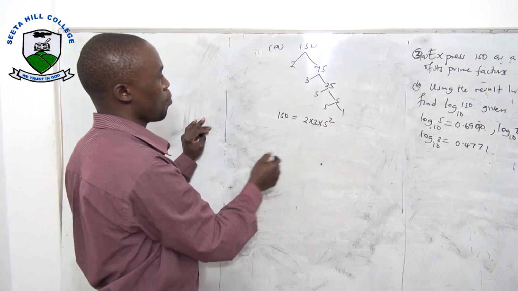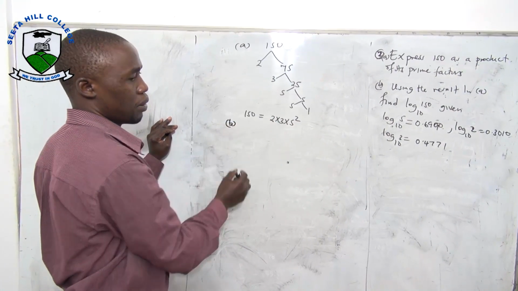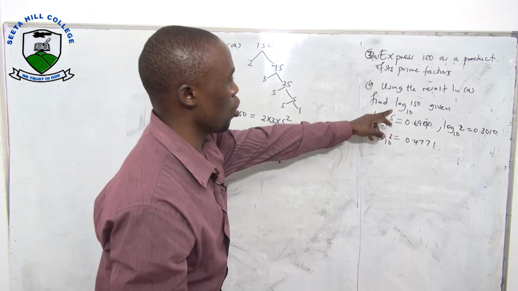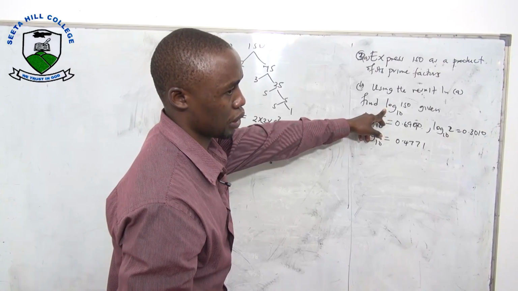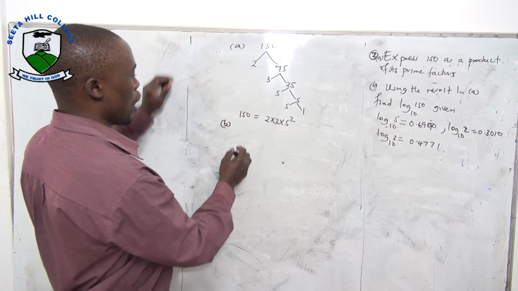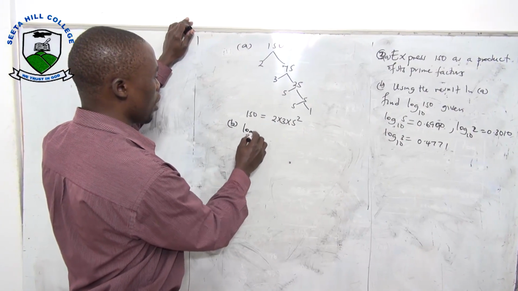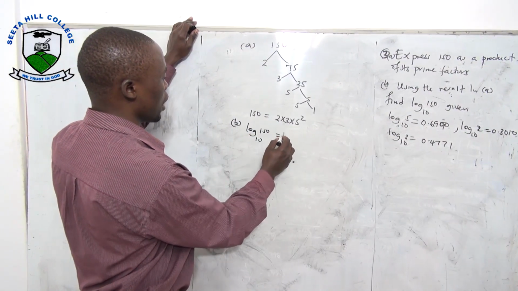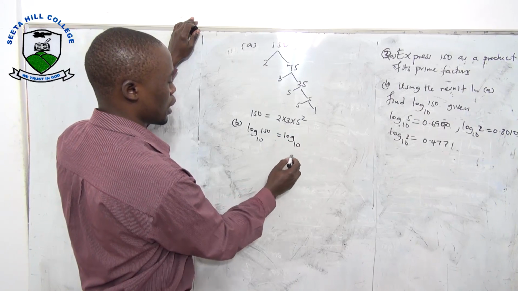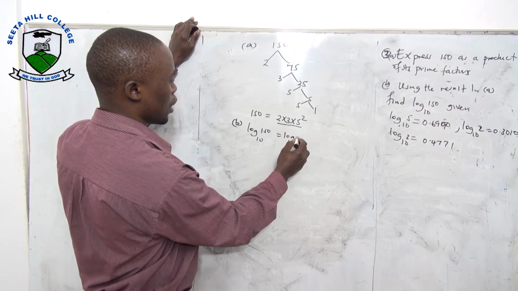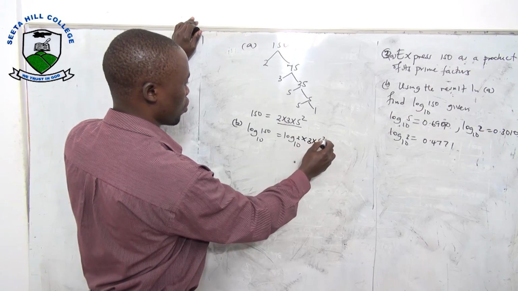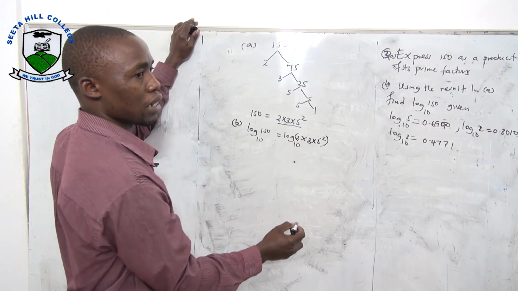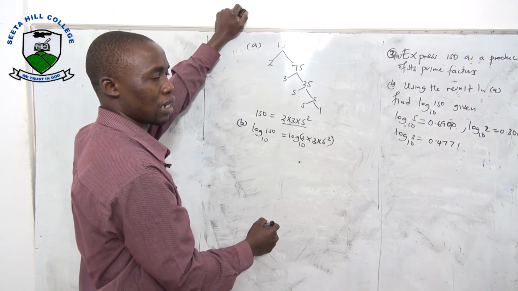And now it is saying in part B here, see, look here, use your values to find log 150. So I will say my log 150 now becomes similar to log of what? This, 2 times 3 times 5 squared. Now what does it mean in logs when there is multiplication?